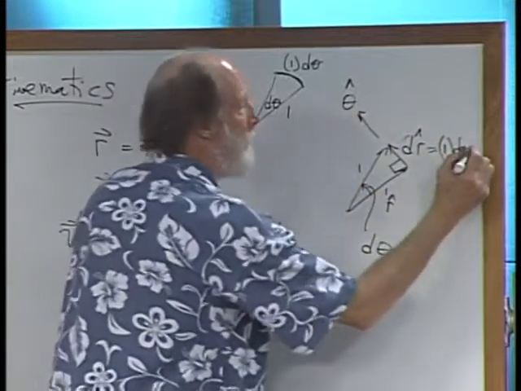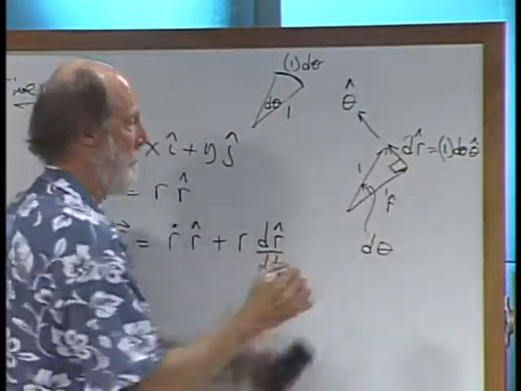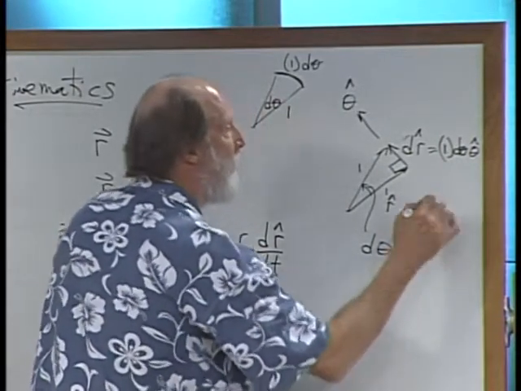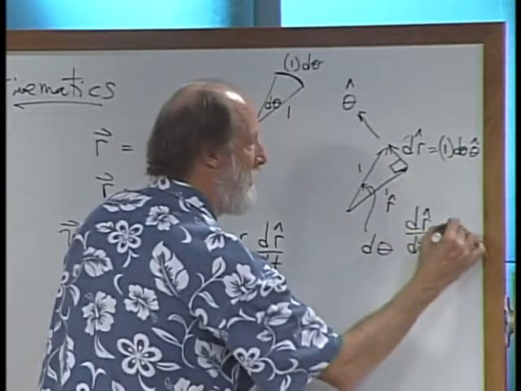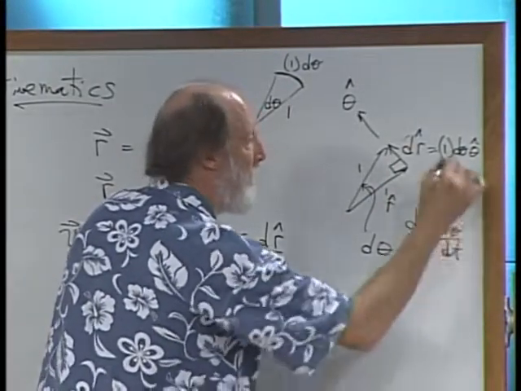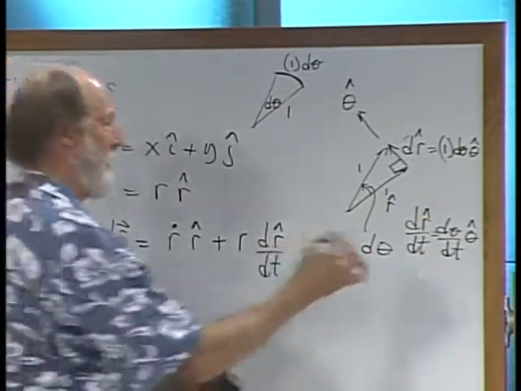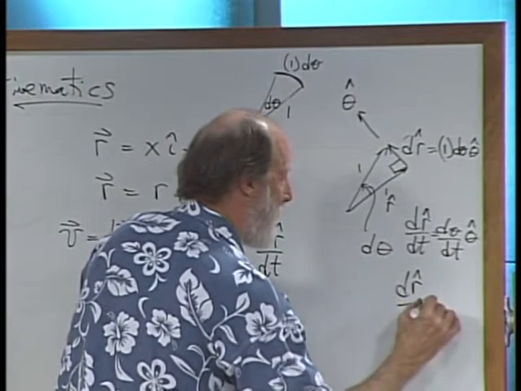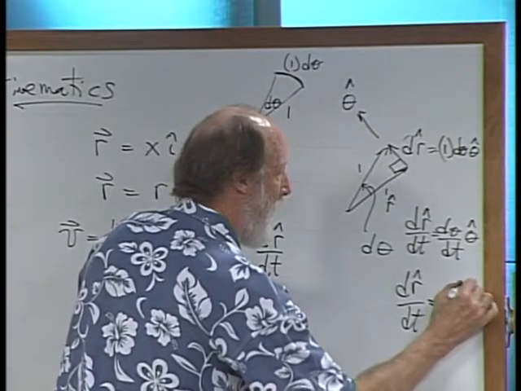And that direction happens to be theta hat. Now, if I divide by differential time, you can see that dr hat dt is then equal to d theta dt times theta hat. We oftentimes write that as the time derivative of r hat with respect to t is equal to theta dot theta hat.